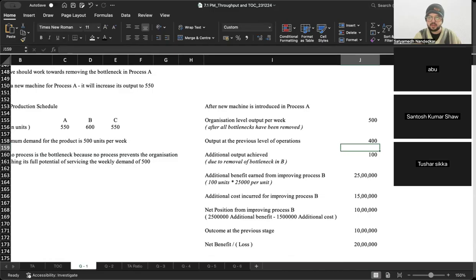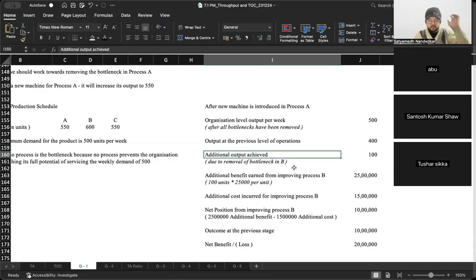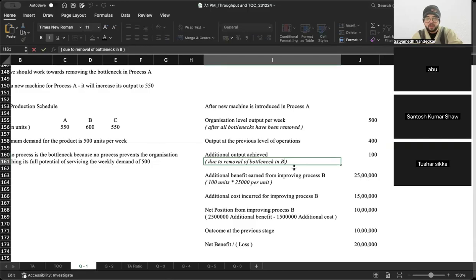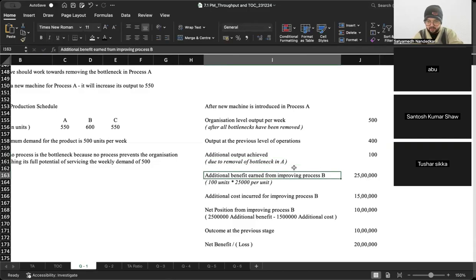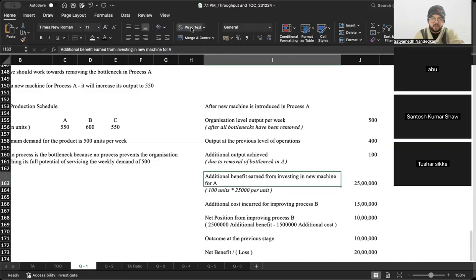Just give me 1 second, guys. Okay. So the additional output achieved due to removal of the bottleneck in A is another 100. What is the additional benefit earned by investing in a new machine for A?